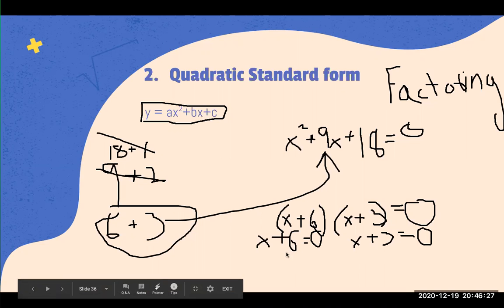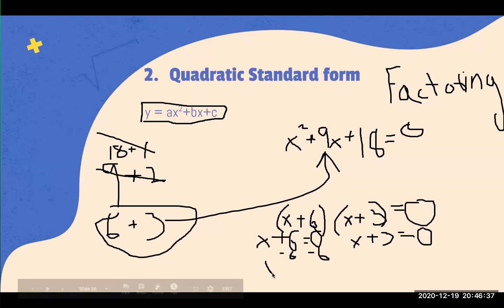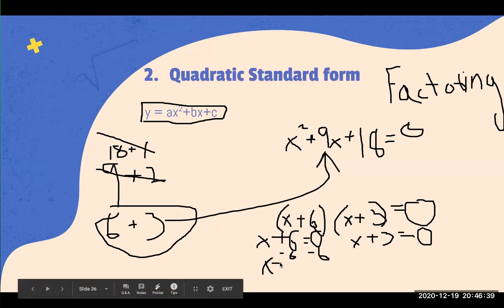We can just solve this equation by doing minus 6 and minus 6 on this side. And then we have x equals negative 6 for this equation. And now let's solve this equation. We have to cancel this 3. We have to subtract 3 from both sides.